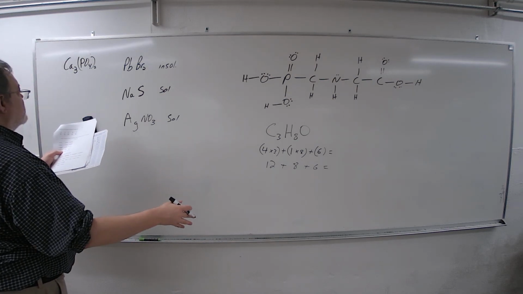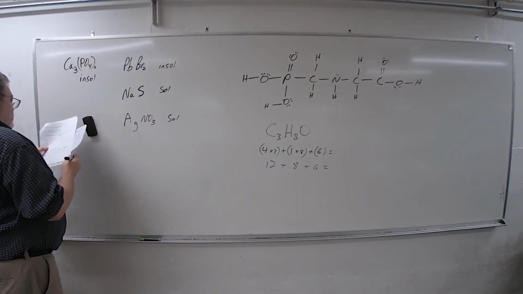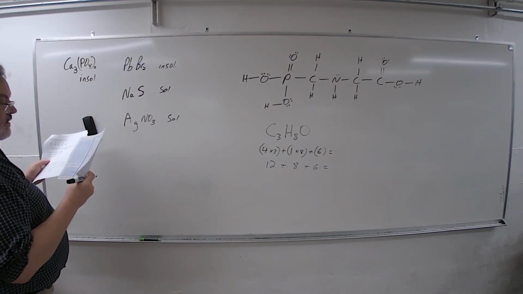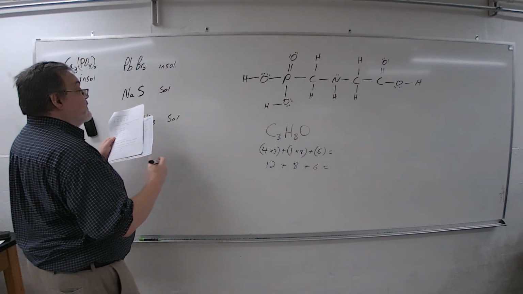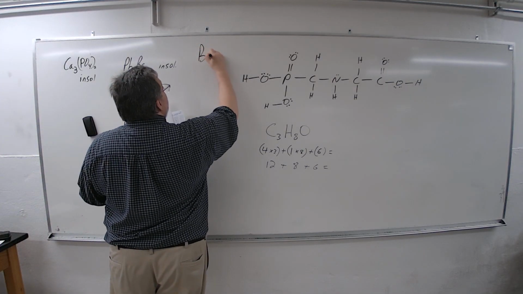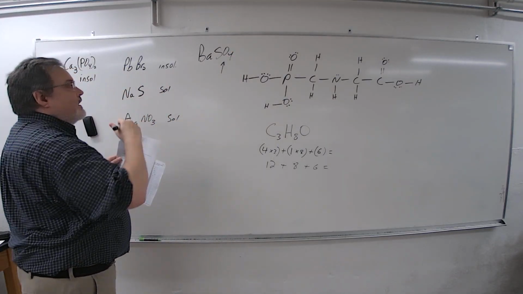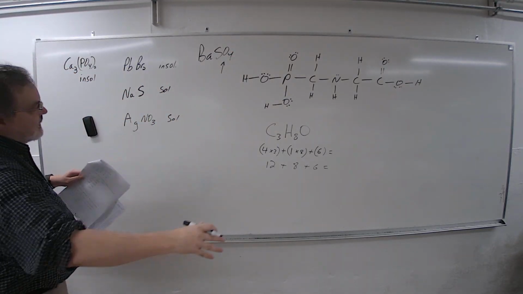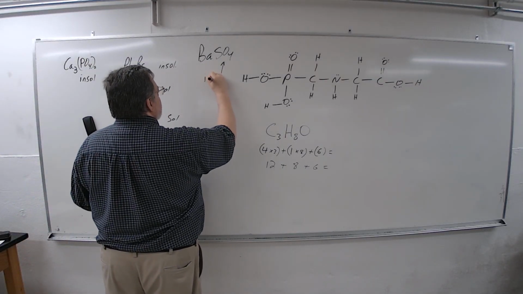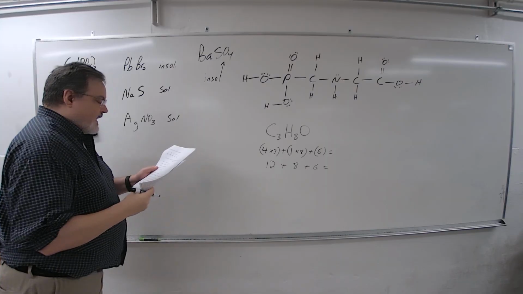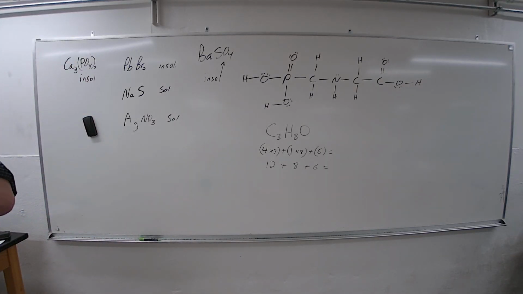So all phosphates are insoluble with some exceptions, but calcium was not in the exceptions. So that one's insoluble. 34 is insoluble too.